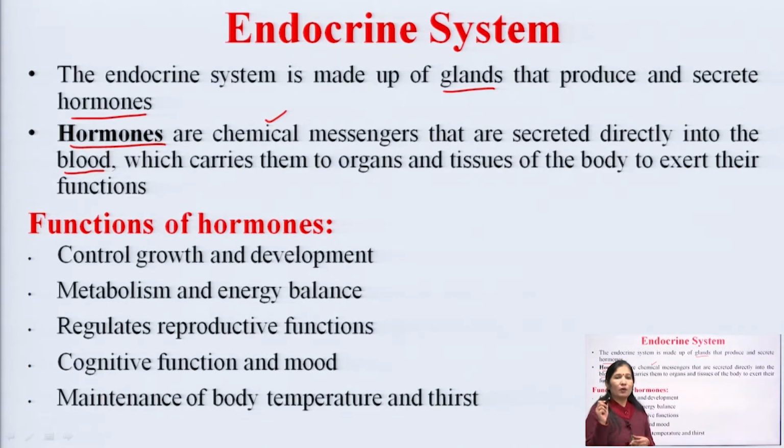It can be some organ, gland or tissues. So, hormones are secreted by special cells into the blood, and from blood these go to their target site to produce their action.